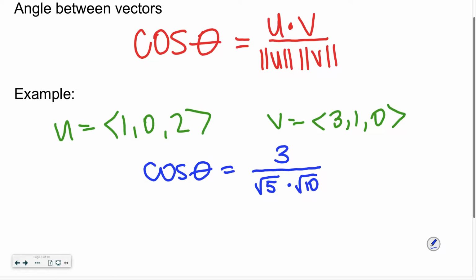Okay. Now, when you type this into your calculator, since you have a product in the denominator, don't forget parentheses. So in your calculator, you would need to take the inverse cosine of 3 divided by the quantity, radical 5 times radical 10, in degree mode.